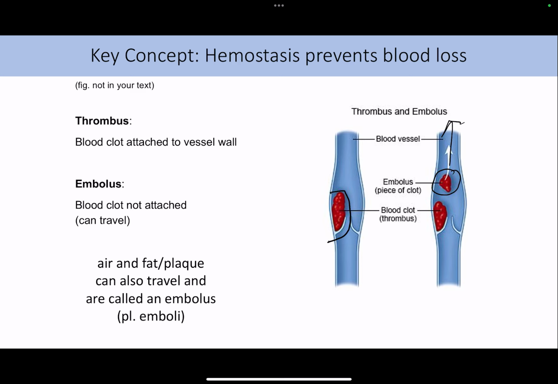What's dangerous about an embolus is that it can get stuck in a smaller vessel like a capillary and obstruct blood flow. When it does that, it's considered an embolism. So an embolism, and I believe this is in your notes as well, is an obstruction of a blood vessel via an embolus.